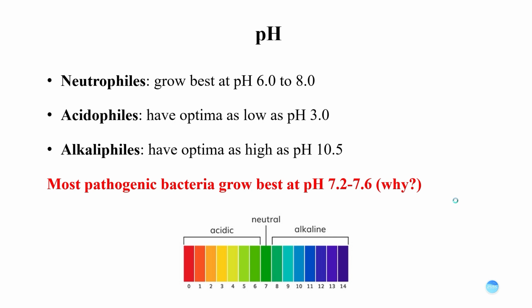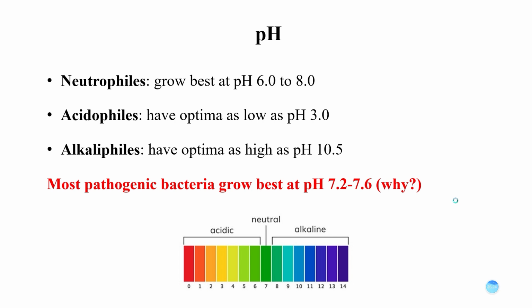One famous example of human pathogen is the Vibrio cholerae, which can cause serious problems in humans. And they prefer a pH like pH 8 to pH 9, okay? And again, most pathogenic bacteria grow best at pH 7.2 to 7.6. Why?